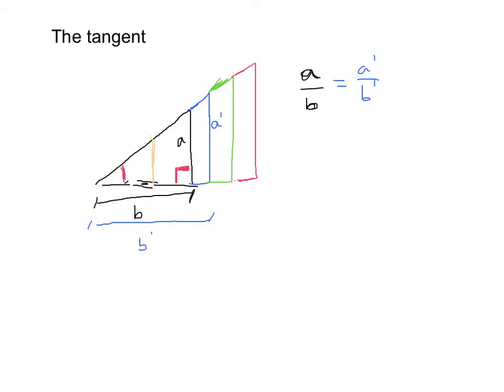And it's going to be the same for all of these triangles, even the small one, as long as they have this angle being the same. If the ratio is going to be identical for all triangles that have this angle and a right angle, the only thing I need to know is the angle.